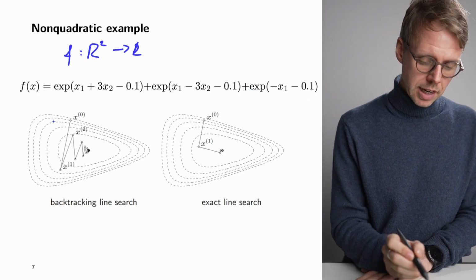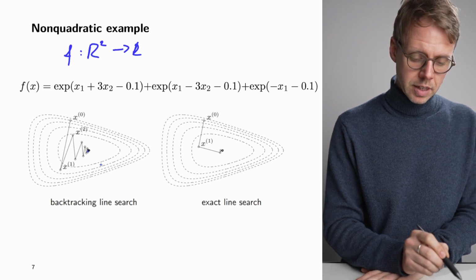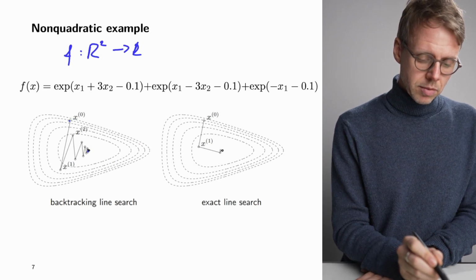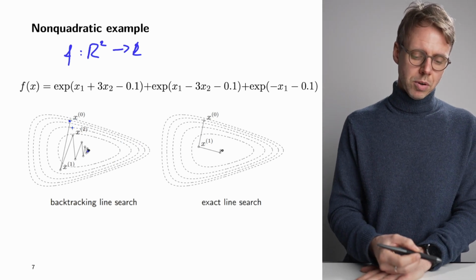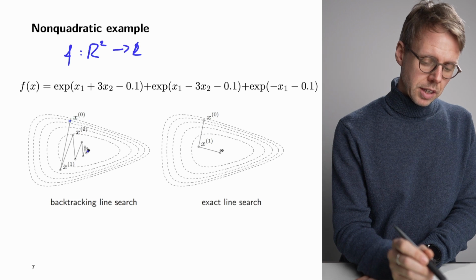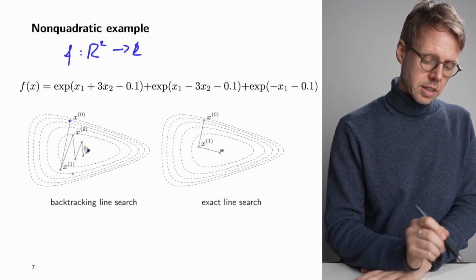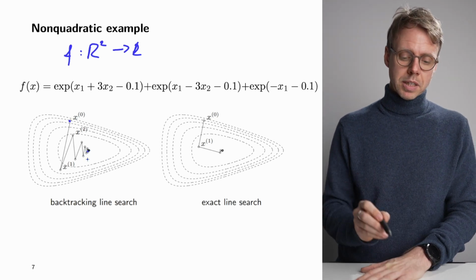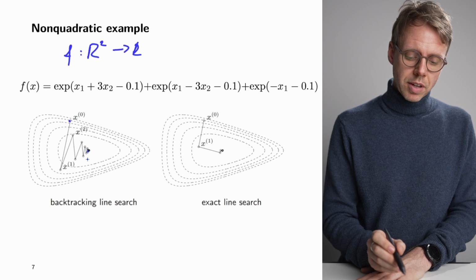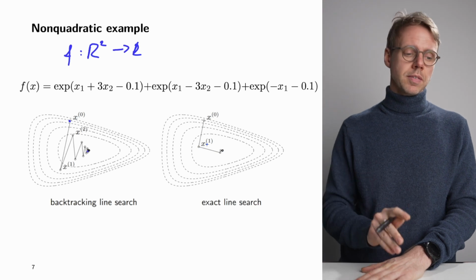Here you again see the level sets of the function with a minimum here. And we start out with some initial point x0. If you run here with a backtracking line search, we see that we are again fluctuating quite a bit. However, if we do an exact line search, in this case, we're actually very fast in convergence.